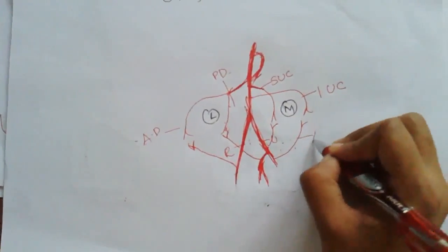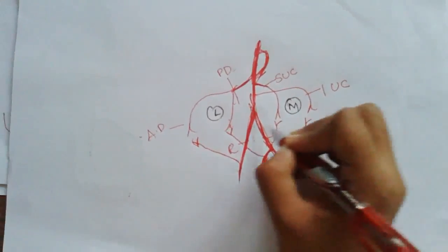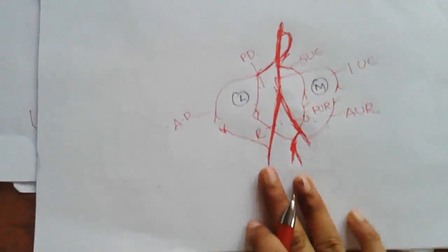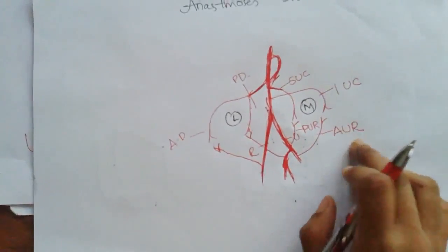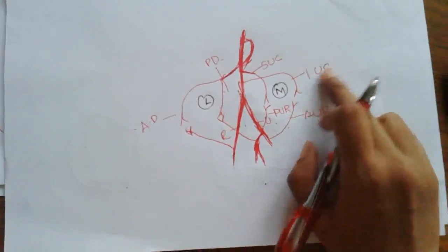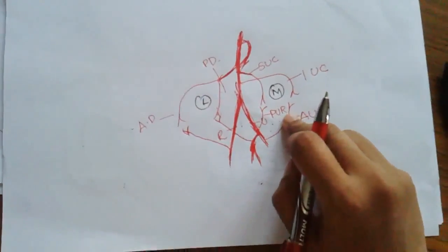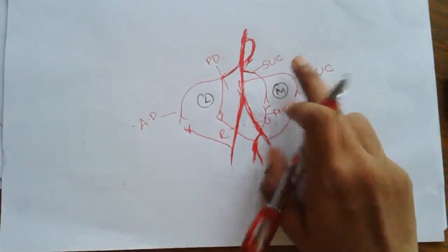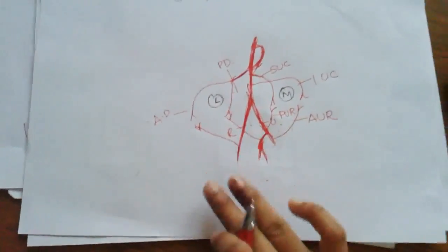This is anterior ulnar recurrent. This is posterior ulnar recurrent. Anterior ulnar recurrent anastomoses with inferior ulnar collateral. Posterior ulnar recurrent anastomoses with superior ulnar collateral. Okay, all these are the anastomoses.